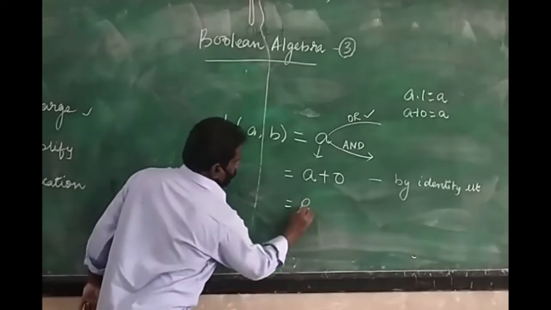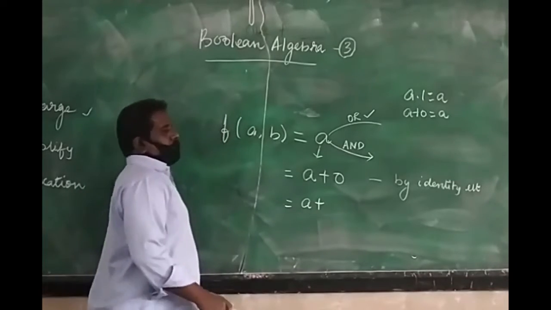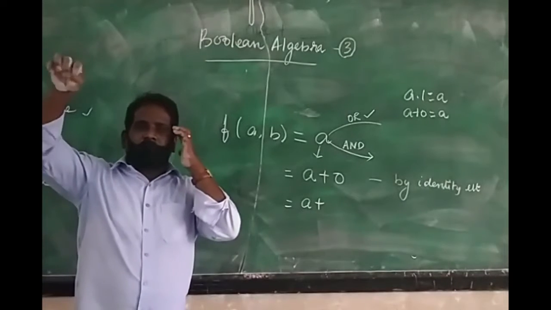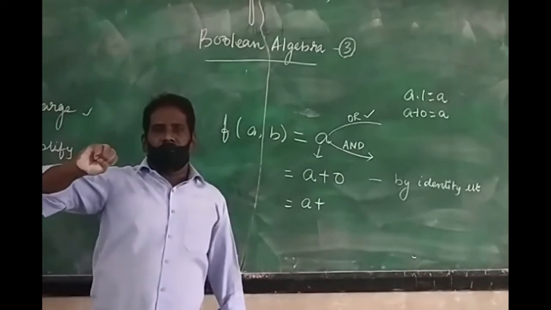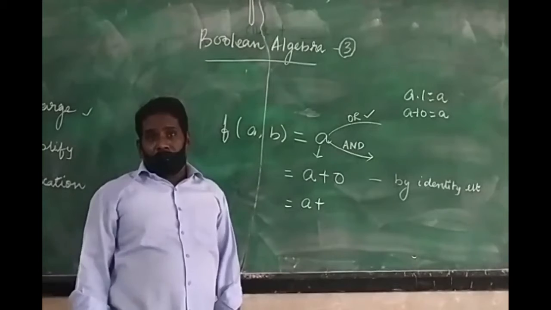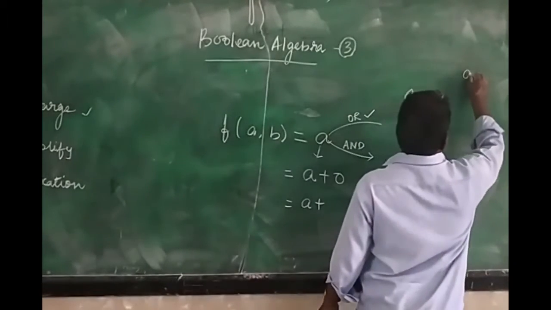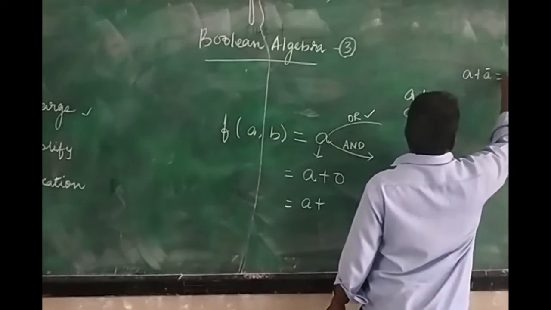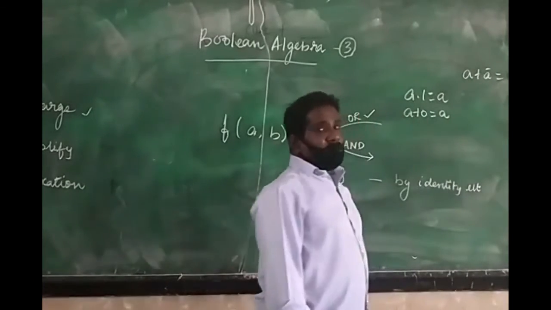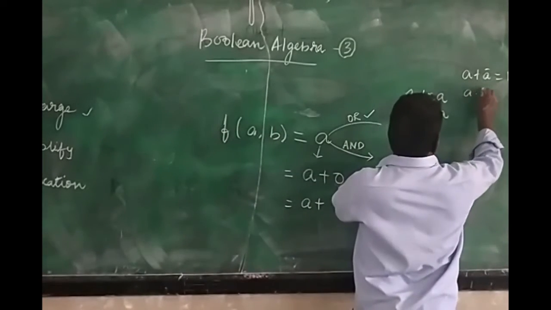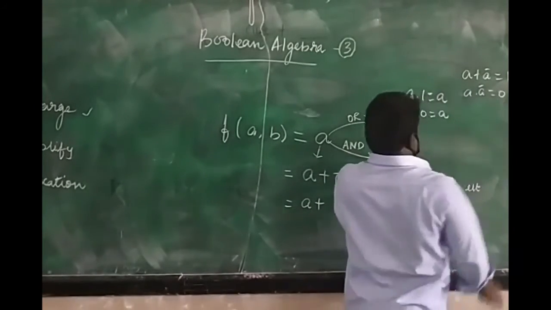So a plus, instead of 0, which theorem is suitable? Which theorem ends with 0, left hand side or right hand side? Law of complement theorem: a plus a bar equal to 1, and its equivalent dual is a dot a bar equal to 0.